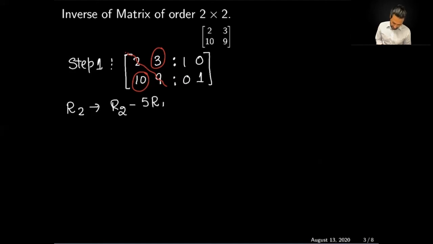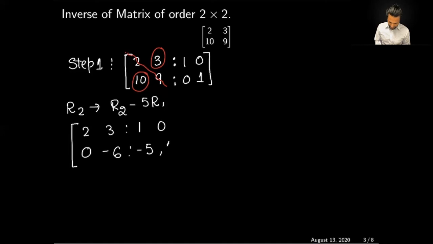If I apply this row operation on this augmented form, I will get 2, 3, 1, 0. This entry will go to 0, this will turn to -6, and this will turn to -5, and this will be R2 minus 5 times R1.